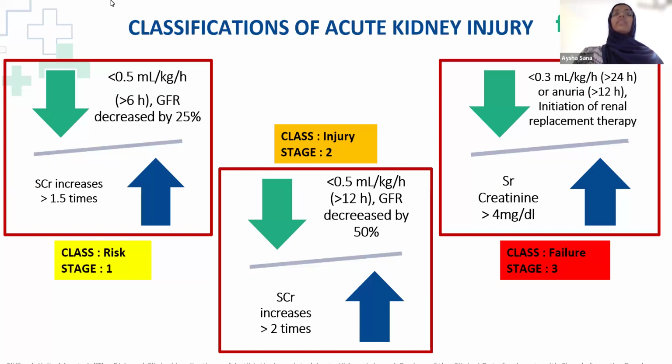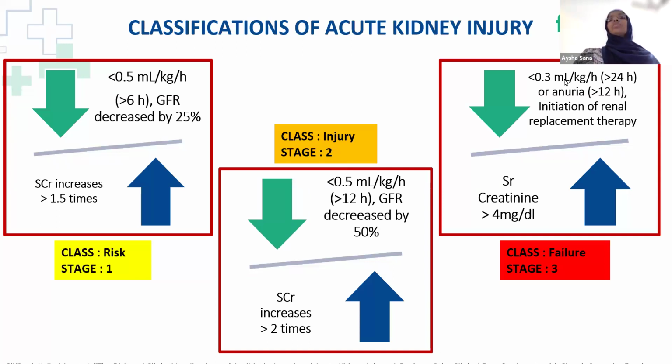Then the next class is the patients who have an acute kidney injury, and the stage is 2. That is, if the urine output is less than 0.5 ml per kg per hour for more than 12 hours and the GFR is reduced by 50%, or if the serum creatinine increases more than 2 times the normal, those patients are staged at 2 with injury of the kidneys. Then the last stage is stage 3, or the patients who are at failure.